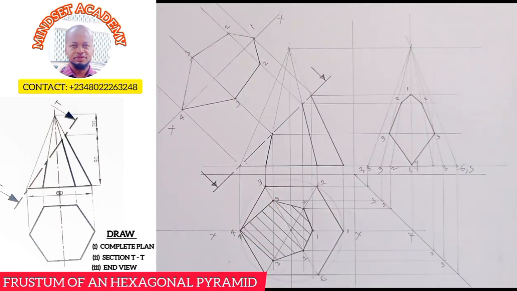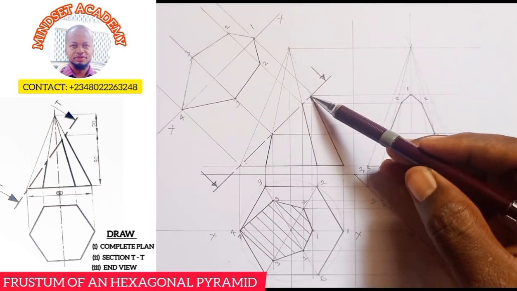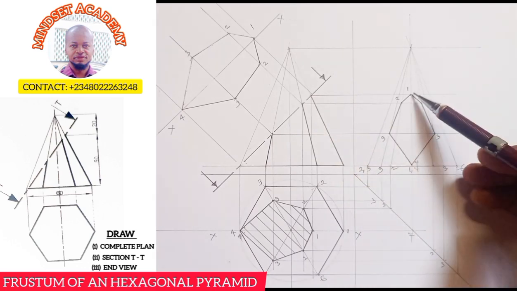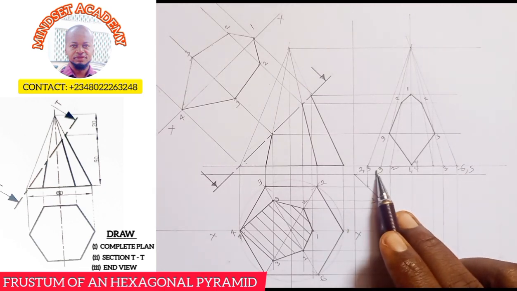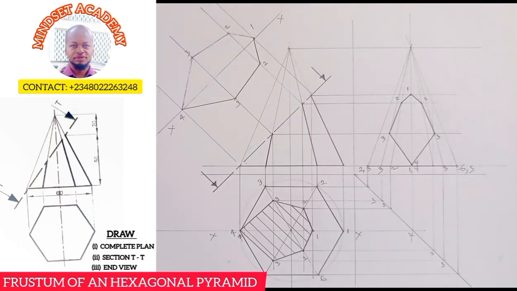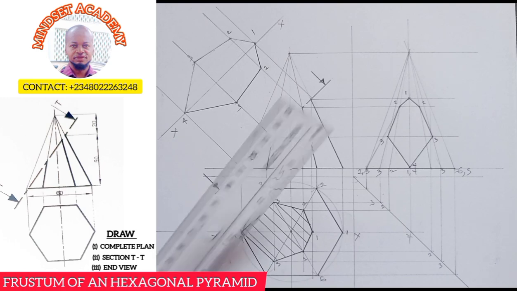Can you see that? Then the remaining one, what do you notice? This is 1, right? So I'm going to move this straight down to touch 2 all together, because this is 2 and 3, right?